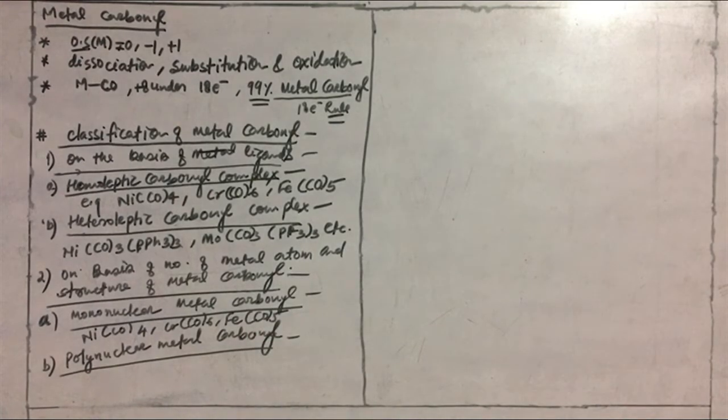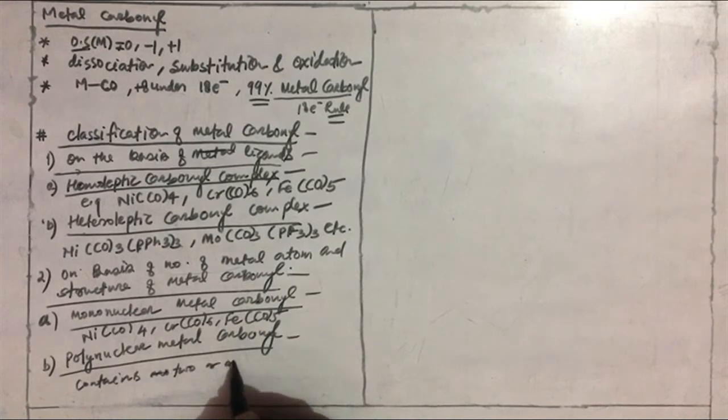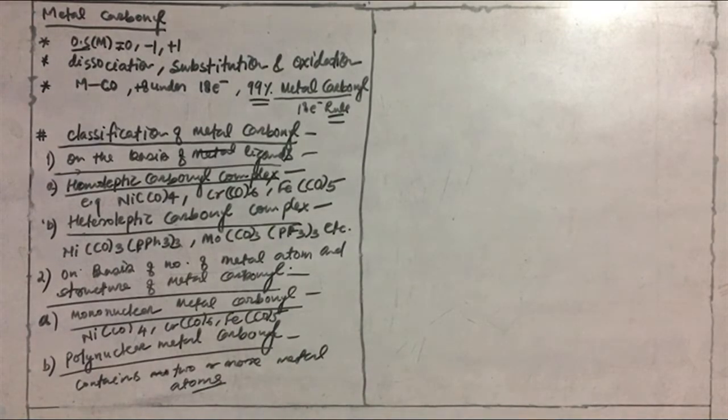These are the examples of mononuclear metal carbonyls. So what is polynuclear metal carbonyl? It contains two or more metal atoms, and is known as polynuclear metal carbonyl.